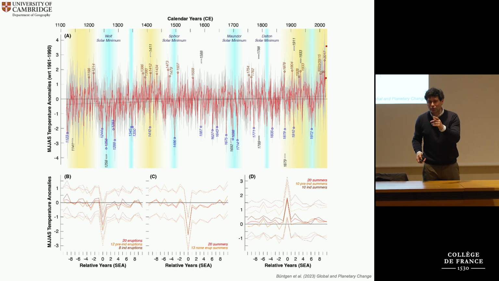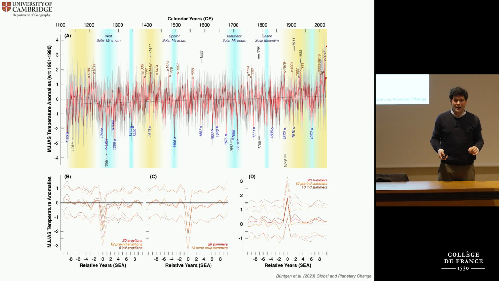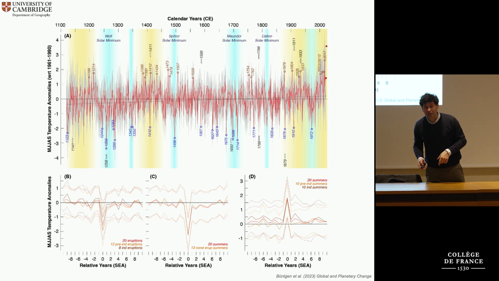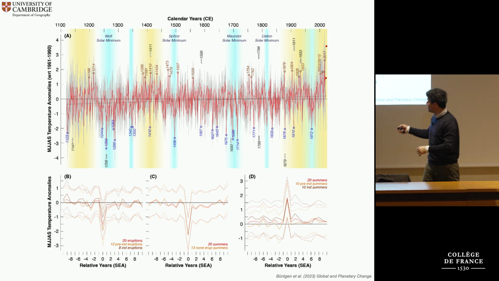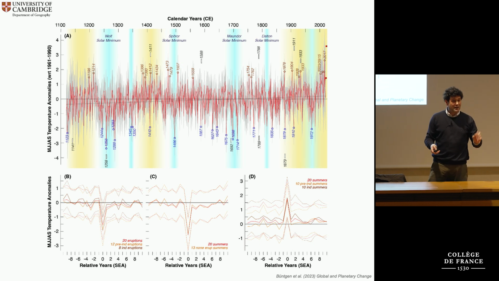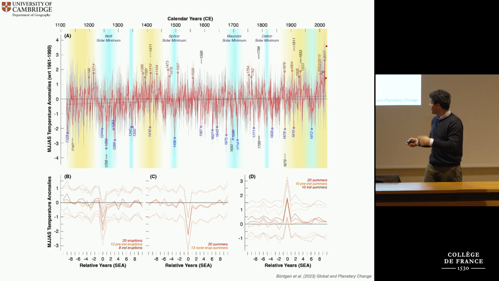You should remember 1258 from Kyle's lecture because he talked about Samalas in 1257. The coldest year of the last 1,000 years in the Western Mediterranean was the summer of 1258 following the Samalas eruption in Indonesia. We're coming back to that.